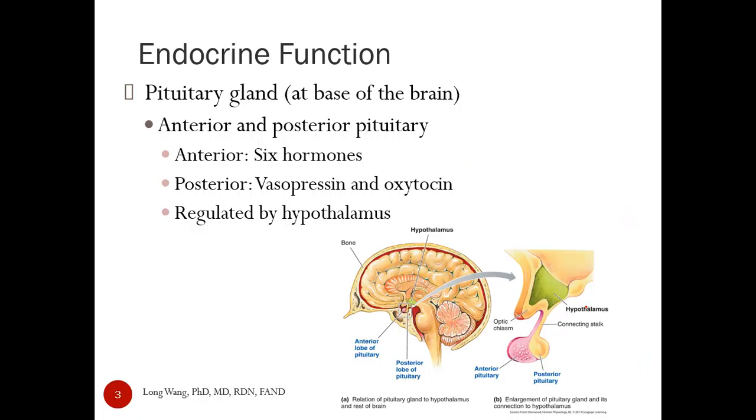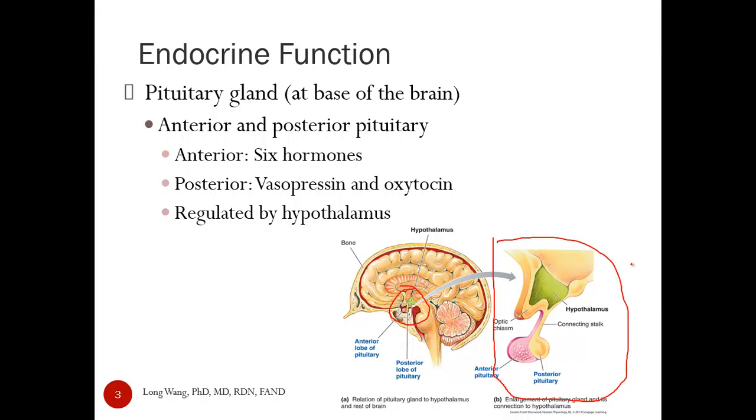Let's talk about the major glands in the endocrine system, in addition to the pancreas that we have discussed in the diabetes lecture. Pituitary gland is located at the base of the brain, as we'll see in this section. And to amplify, we'll focus on the right side of the figure.